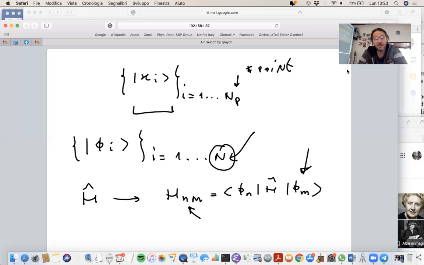Notwithstanding all these nice features and hopes, and notwithstanding the fact that we could solve quite easily a problem that we didn't know how to solve, like the double well problem, there are many problems that cannot be tackled. Most of the problems of interest cannot be tackled even by this approach.